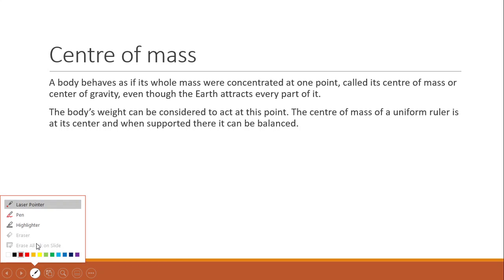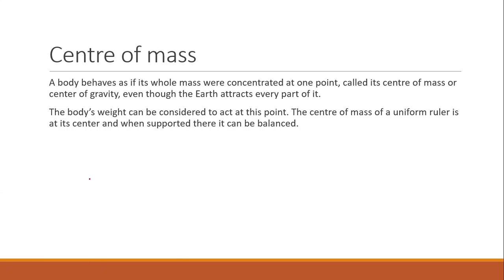I'm going to draw a ruler and show it. So if this is a meter rule, I'm not drawing it straight, but let's just assume that it is a straight meter rule, one meter long. Now we know that its center of mass should be at 50 centimeters. So here we will have 50 centimeters.